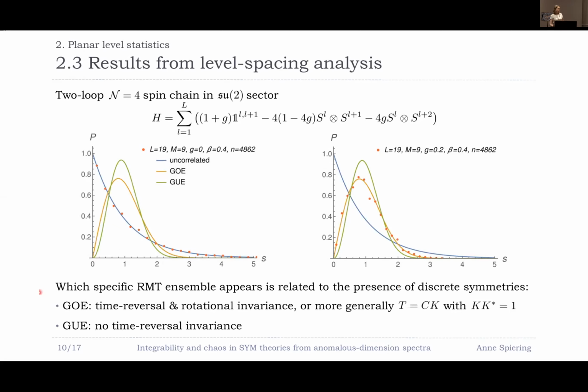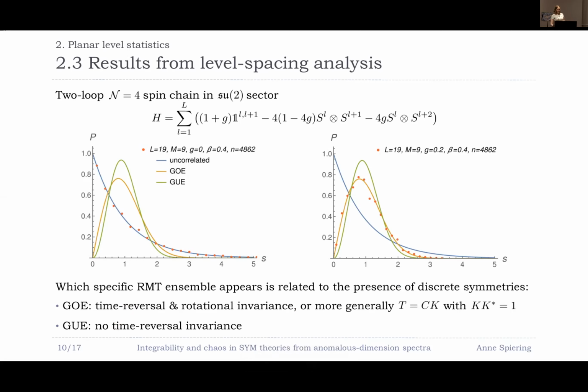In particular, you can show that Gaussian orthogonal ensembles are related to models that are time reversal symmetric and have a rotational invariance. Basically you can just take those two symmetries, and in a suitable basis, the Hamiltonian would be real and symmetric, and so is a member of the Gaussian orthogonal ensemble.